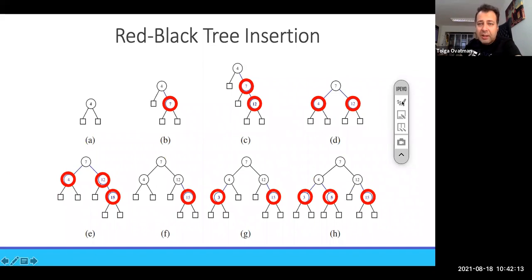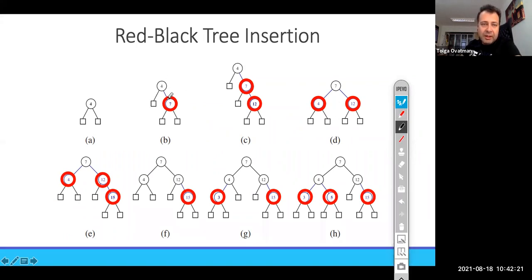So if you look at this one now, I add a new node as red. So you see there are no black nodes in the way. I can continue. I add a new red node. And since I've got two red nodes coming one after another, I restructure it like this. And then I add a new number, 15. It's going to be added as a red node.